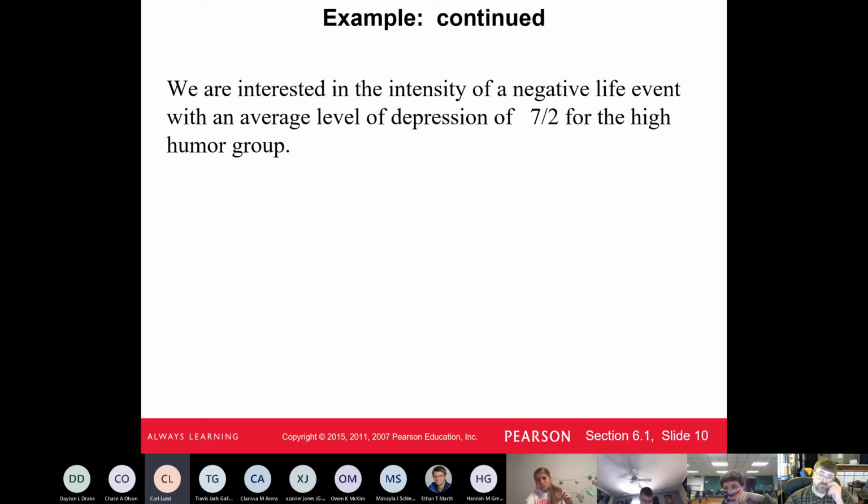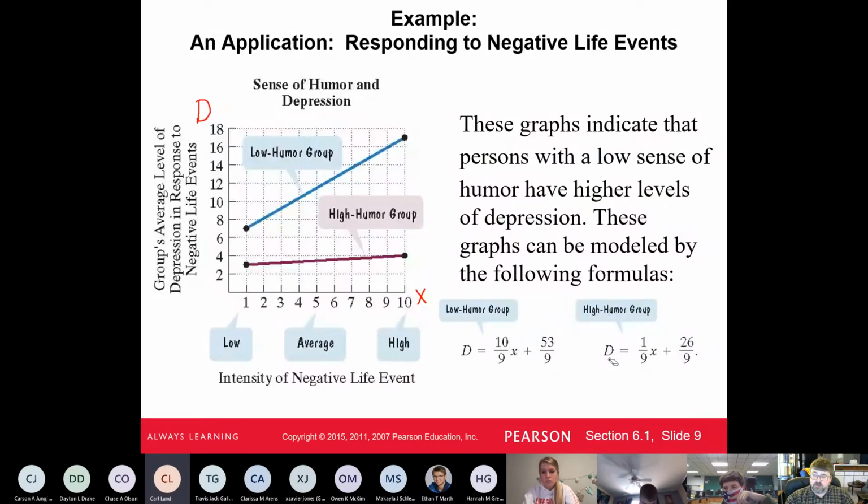So our question is, we're interested in the intensity of a negative life event that results in an average level of depression of 7/2 for the high humor group. So in this case, what we're looking at is only the formula for the high humor group.